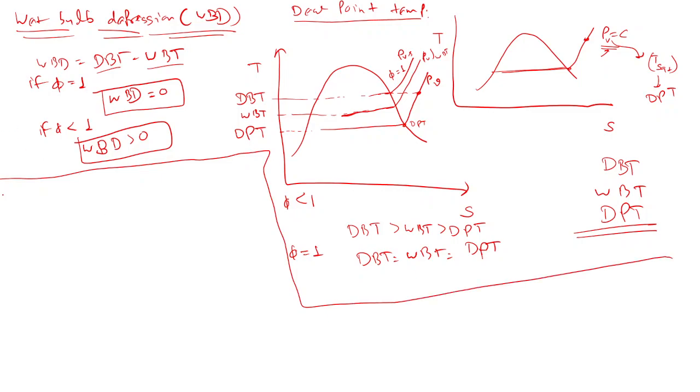One is the enthalpy of moist air. Our enthalpy of the total moist air would be the sum of the enthalpy of our dry air and the enthalpy of our water vapor.